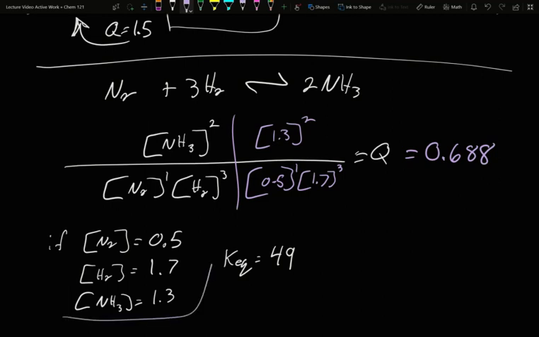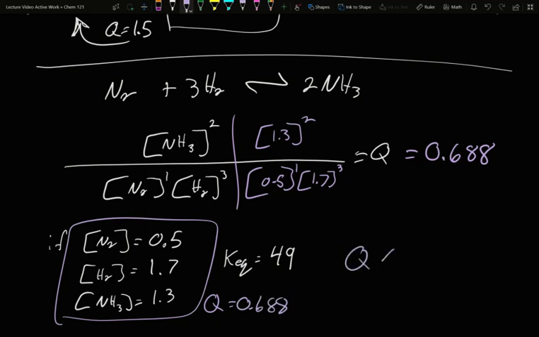For these concentrations, my Q is 0.688. That means my Q is less than the target. It is less than KEQ. This means my value on top is too small, and my value on bottom, when I do the division, is too large. I need more of the top value, and the top value is products. So this will move towards products.